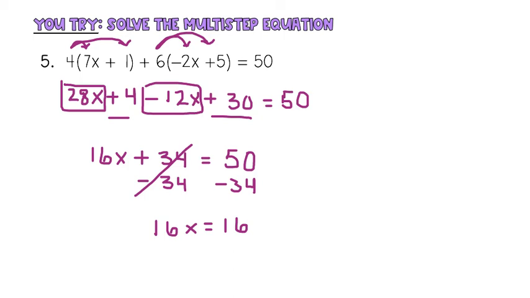We have 16x equals 16. I divide on both sides to get my variable isolated to get x by itself, and x is equal to positive 1.